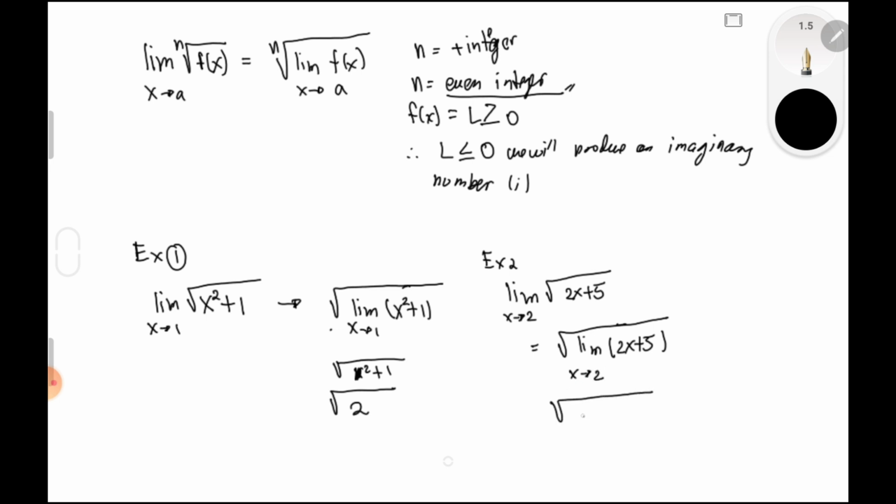So we'll have a value of 2 multiplied by 2 plus 5 is 9, or we have our 3, from the square root of 9. So that is our 7th rule.